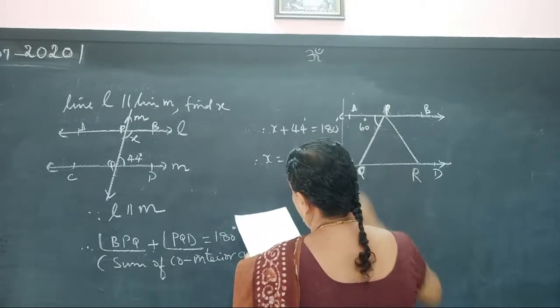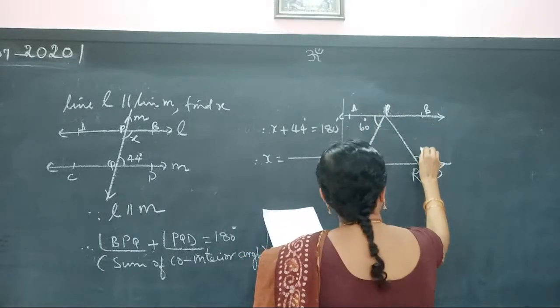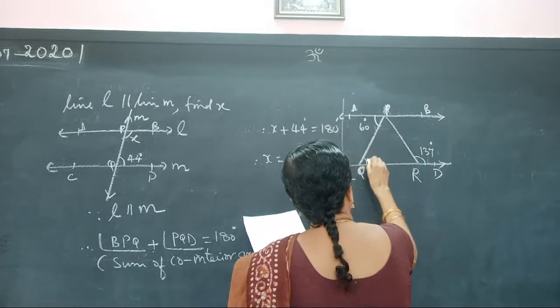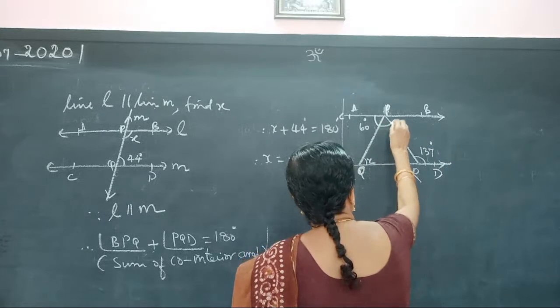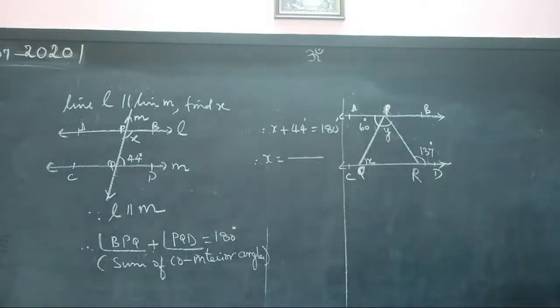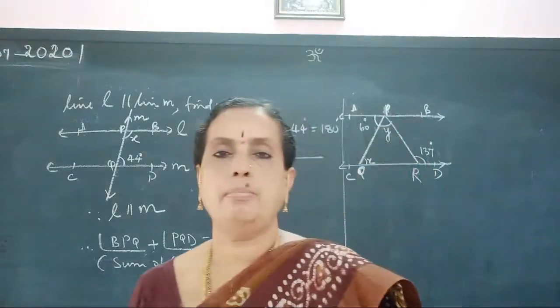Angle PRD is 137 degree. Find x and y. So this is the question we are answering before having the theorem angle sum property.